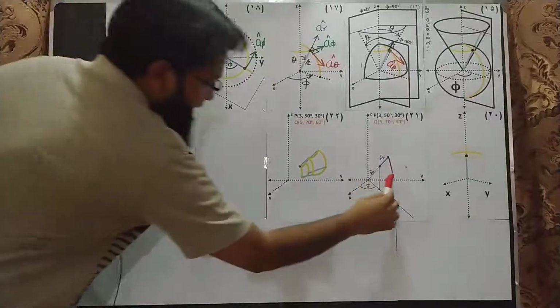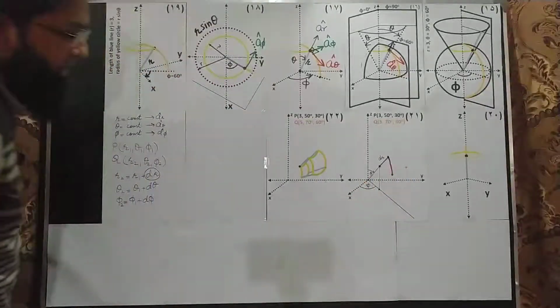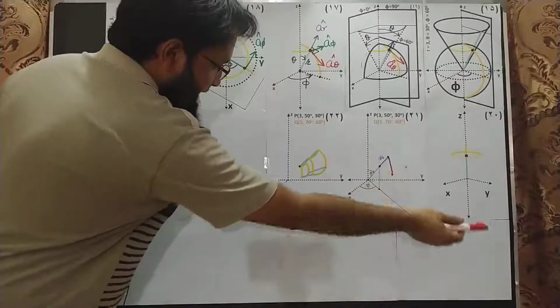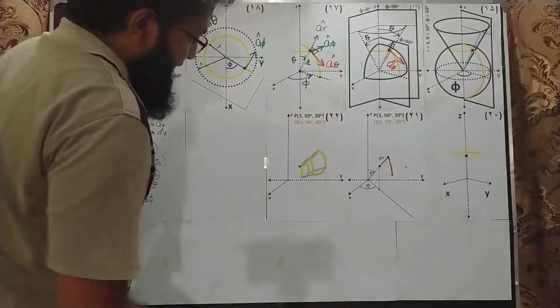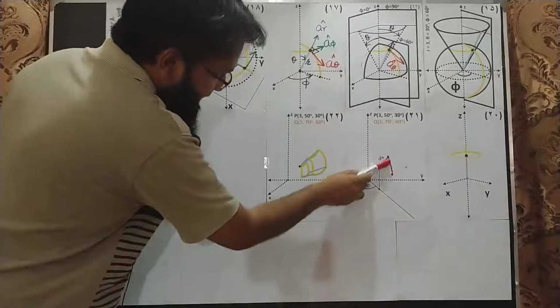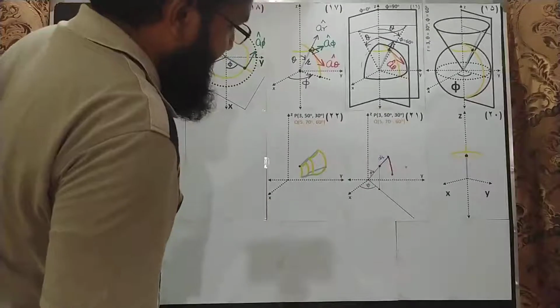Okay, so now reaching here, if I join this point to the origin, what I'll get is r2, because I was on the larger sphere. Keeping on that surface, I just changed the angle.